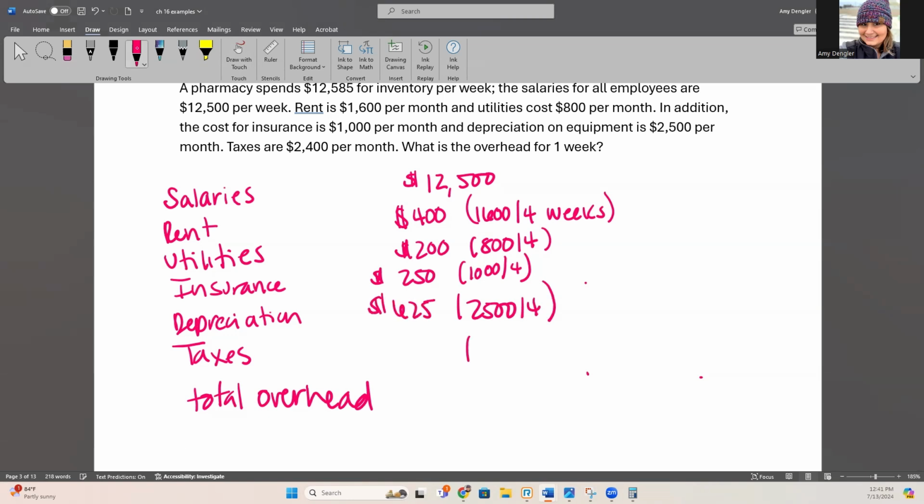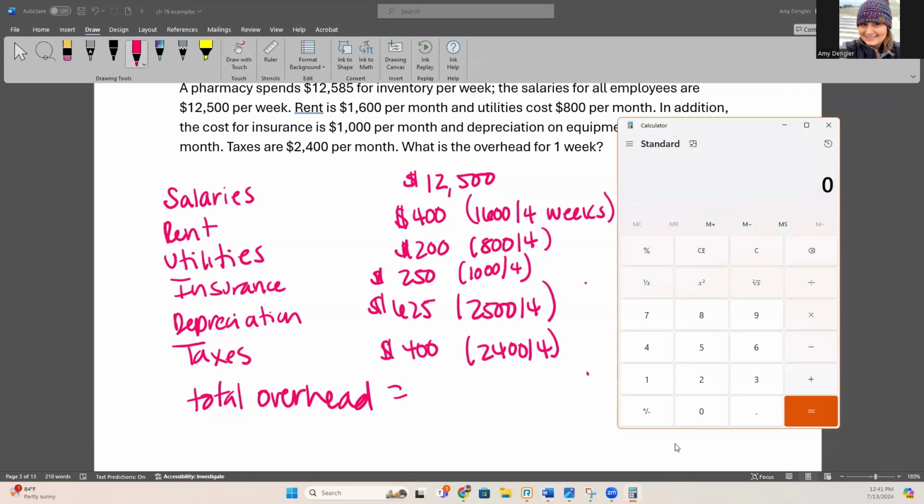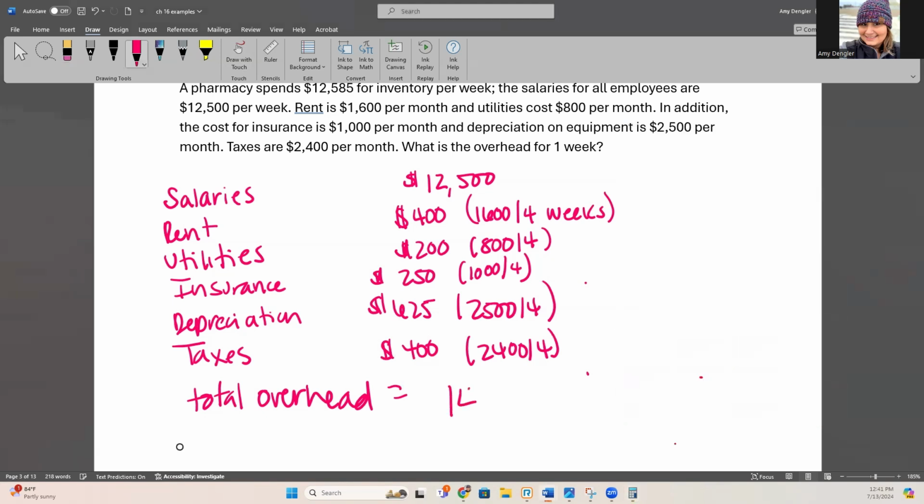And then the taxes are 2,400 per month, so we would divide that by 4, and that would give us 600. And then if we added all this up, we have our 12,500 plus 400 plus 200 plus 250 plus 625 plus 600, which gives us 14,575 per week.